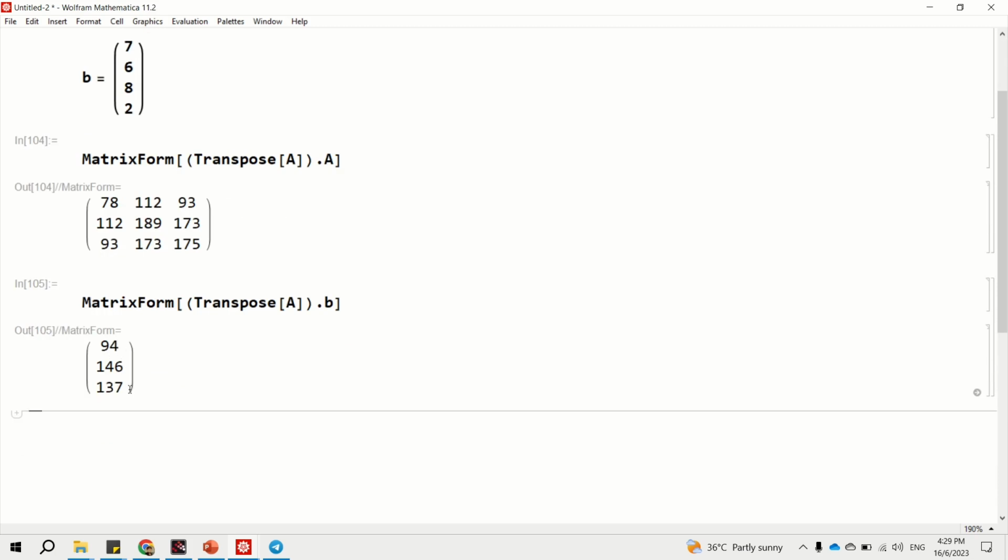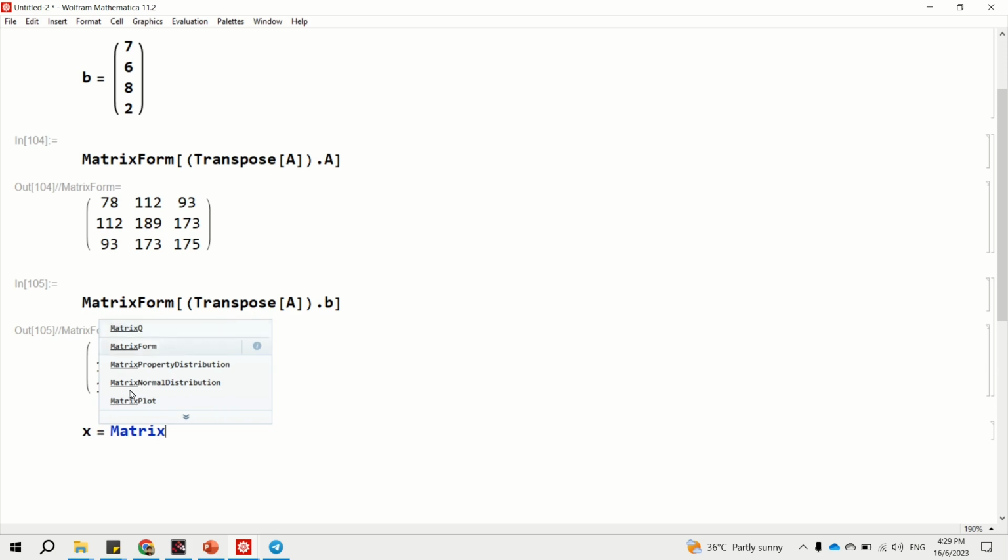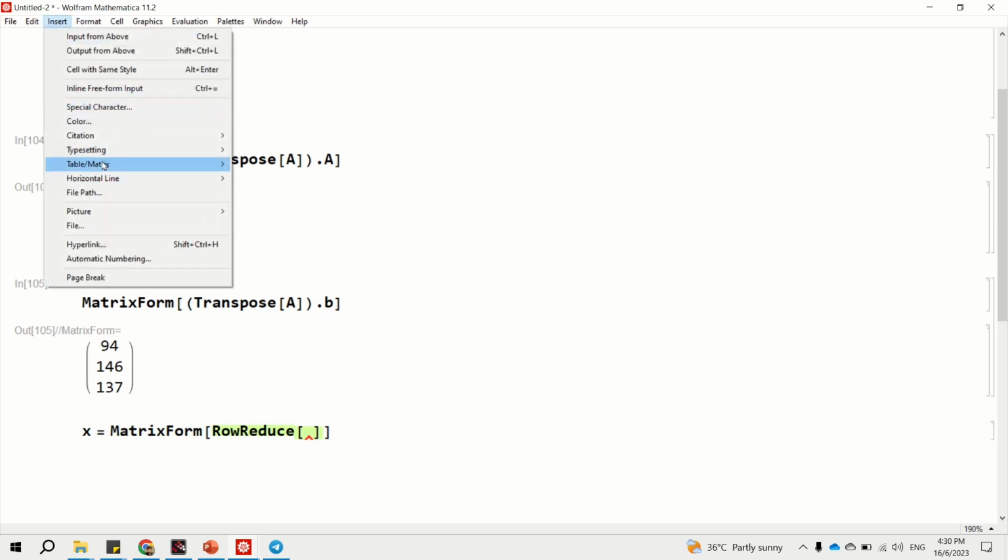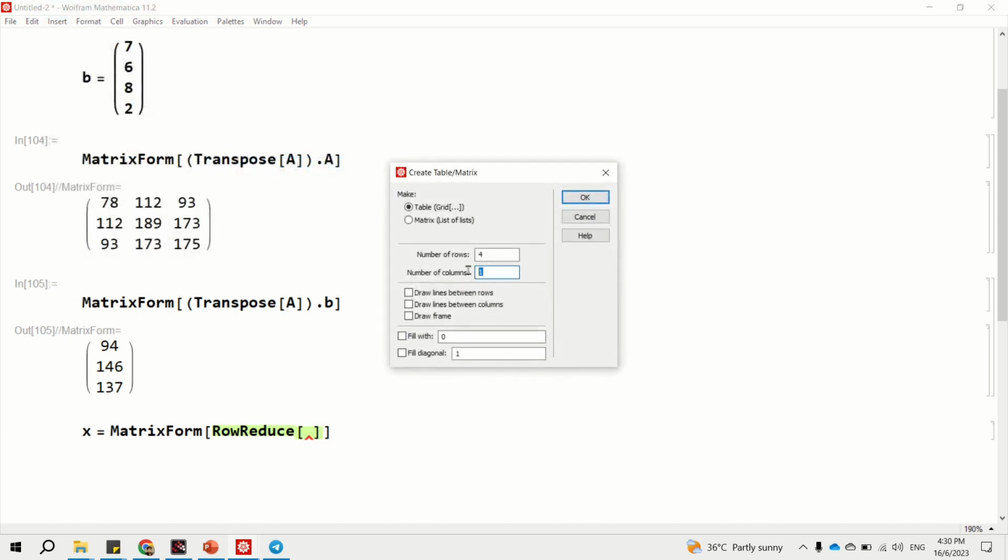To find the row reduction, we can use this command: r equals, this is the value of x, so x equals, in matrix form, because I want it to be in the form of a matrix. So row reduce this matrix, 3, 4.